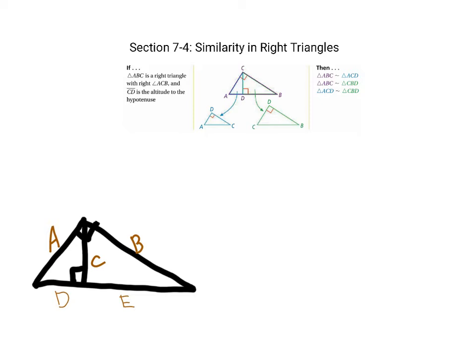So the first thing I'm going to do is redraw my triangle as three separate triangles. Let's make a straighter line than that, though. So I'm going to draw three triangles.